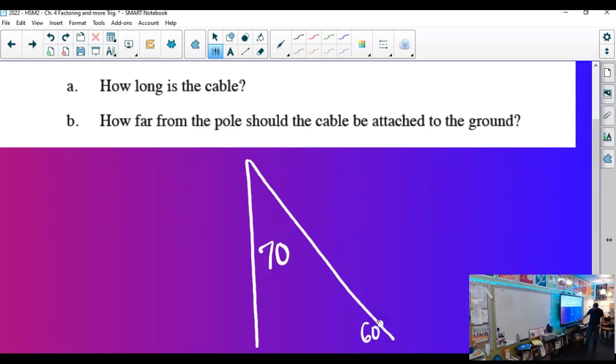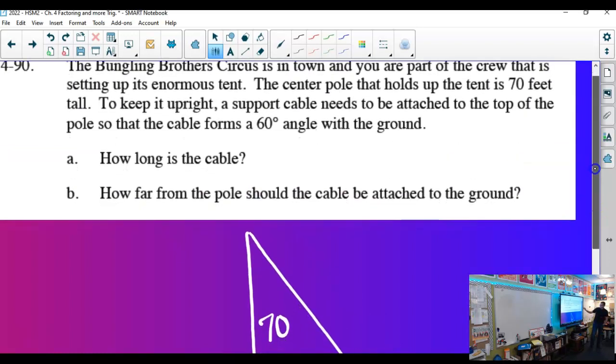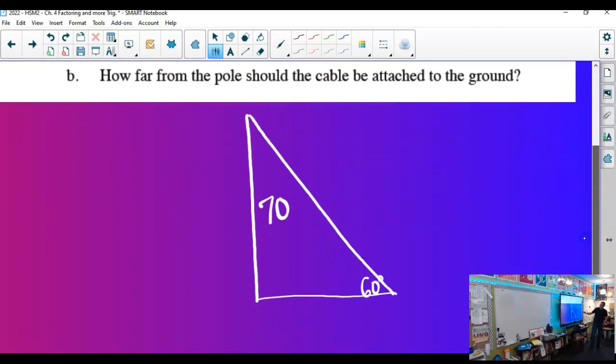Pretty steep, actually. Yeah, 60-degree angle with the ground. By the way, we call this an angle of elevation when it's against the ground, as opposed to against the vertical.